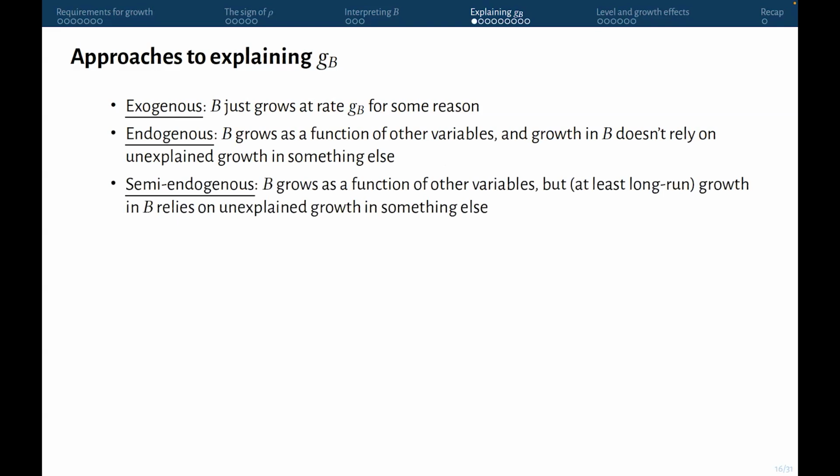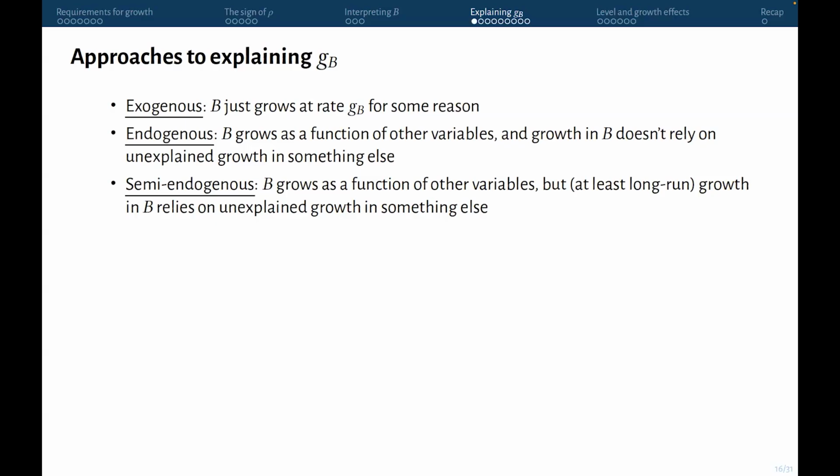Or you can have a semi-endogenous model where technology is growing as a function of other variables, in particular population, more people coming up with more ideas, but at least in the long run, sustaining growth in technology requires this force being fed in from the outside, this exogenous population growth, which you're not going to model.